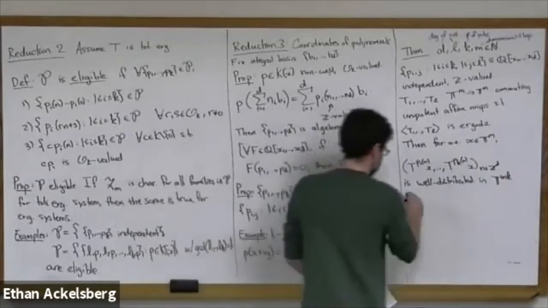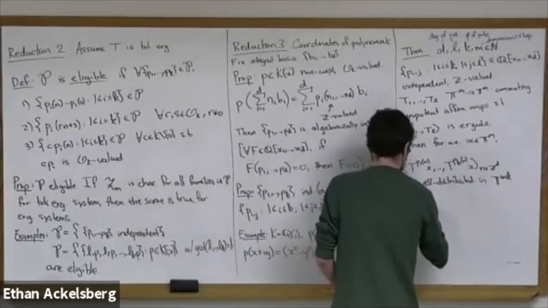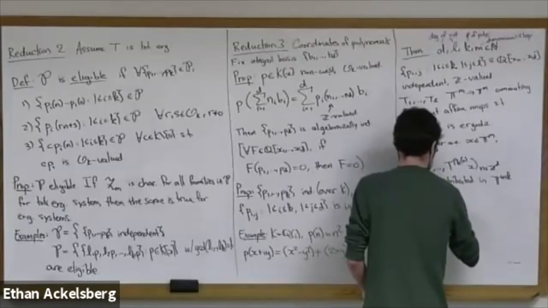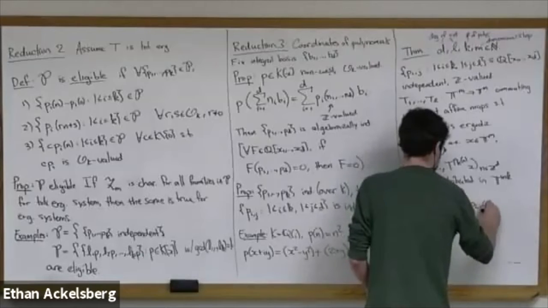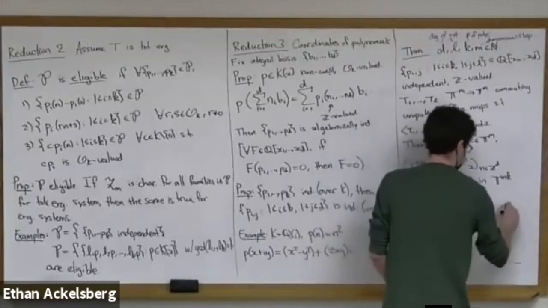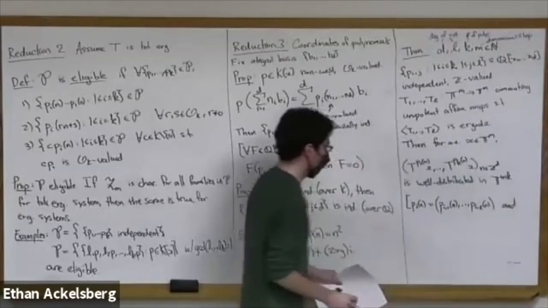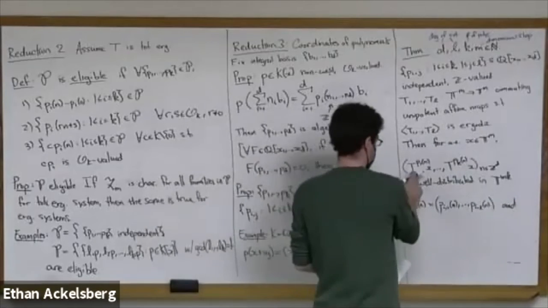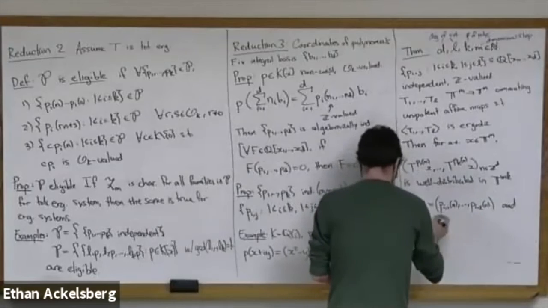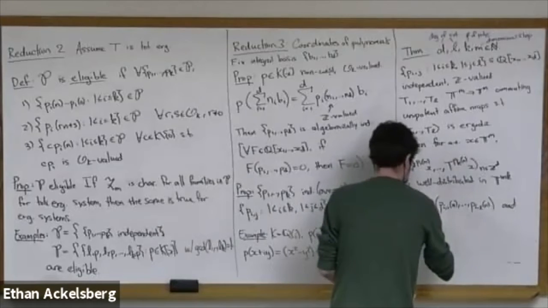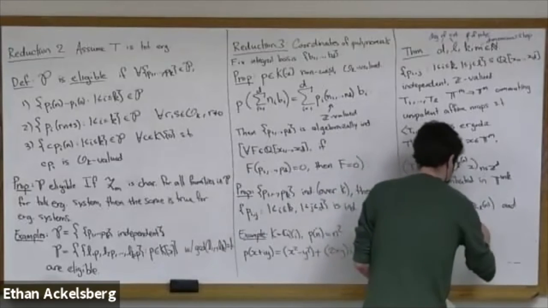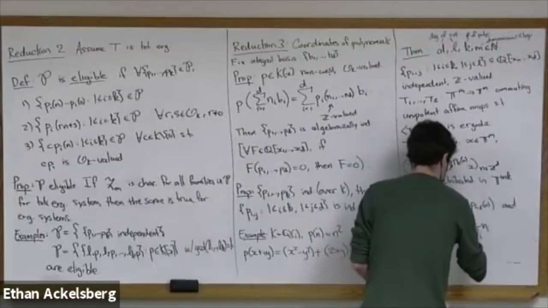Let me explain some notation. So P_i is the polynomial P_i1 up to P_iL. And by this, I mean that, so T to some tuple is the product of the T_i's to their corresponding powers.